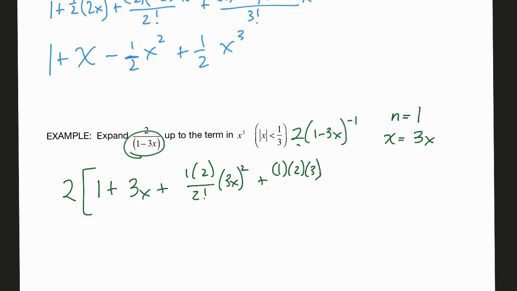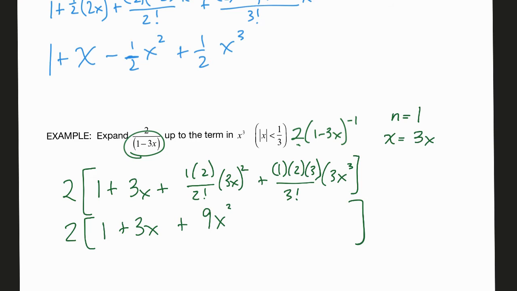Because I keep adding 1 over 3 factorial times 3x cubed. Okay, so I think I'm going to simplify the stuff that's inside the brackets first. 1 plus 3x, and again, there's no shame in using a calculator. I believe here you get 9x squared. And here this becomes 27x cubed.